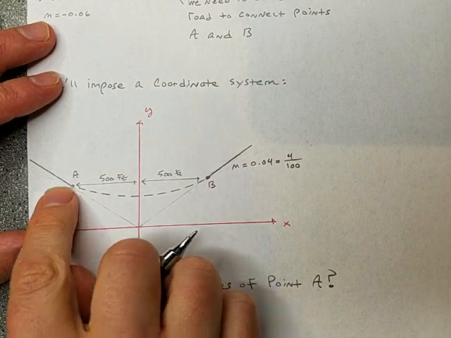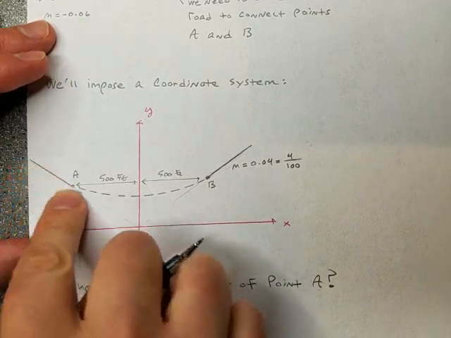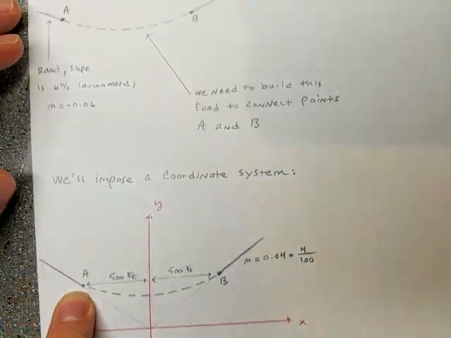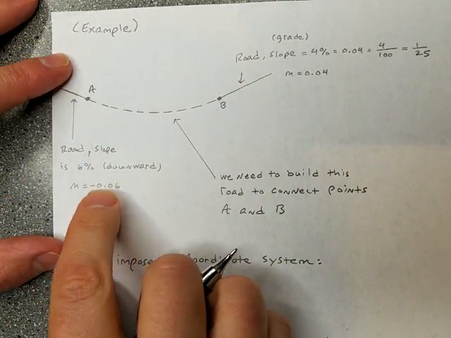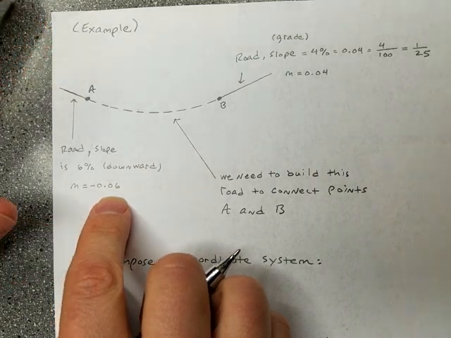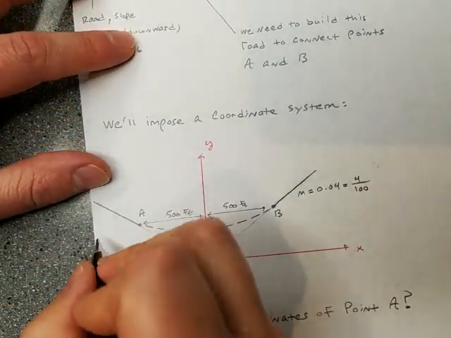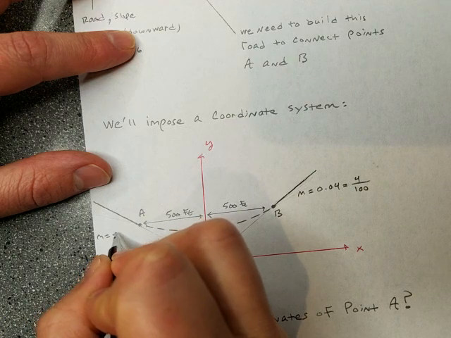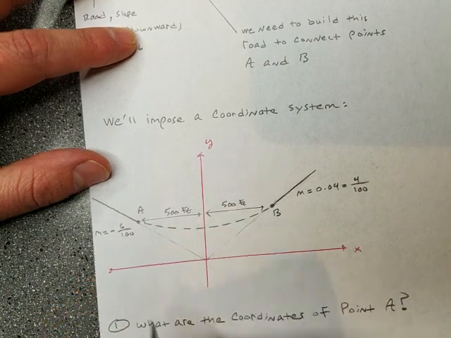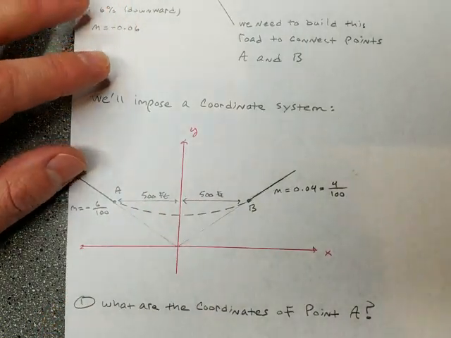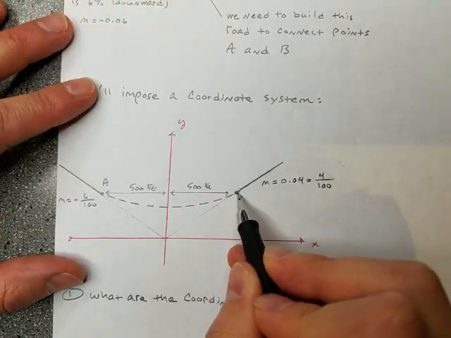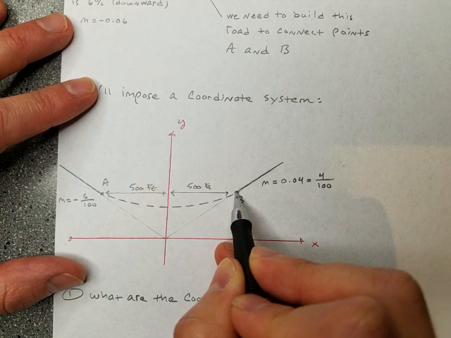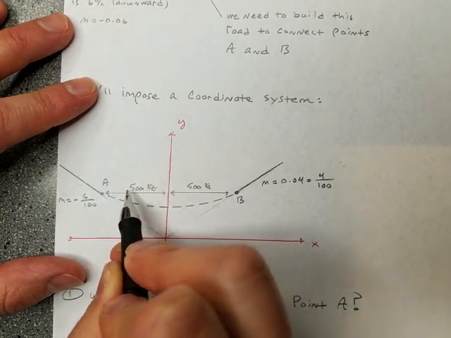The slope of that line is a 6% grade, 6 over 100, or negative 0.06. For that one I'll say m is equal to negative 6 over 100. Anyway, to find the coordinates of this point, I know that point's 500 to the right, and this point's 500 to the left.